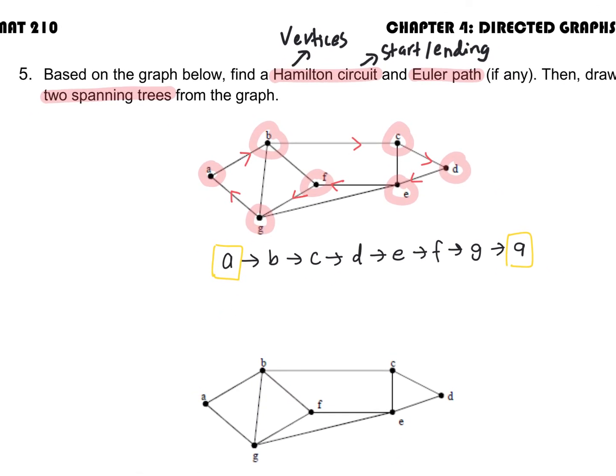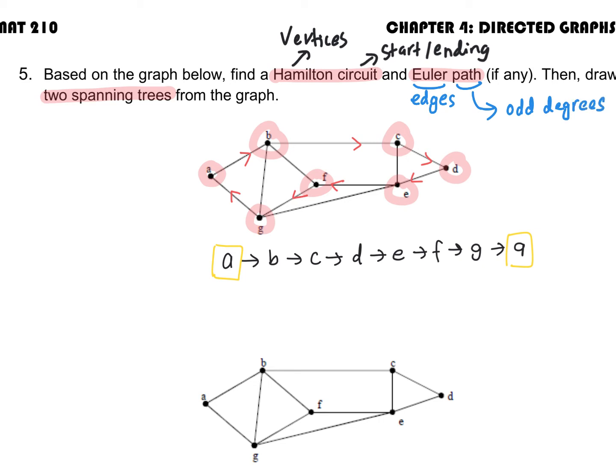Second is on Euler path. So when it is Euler, meaning that we are going to check all edges in the diagram. And when it is path, meaning that we will check the odd degrees.